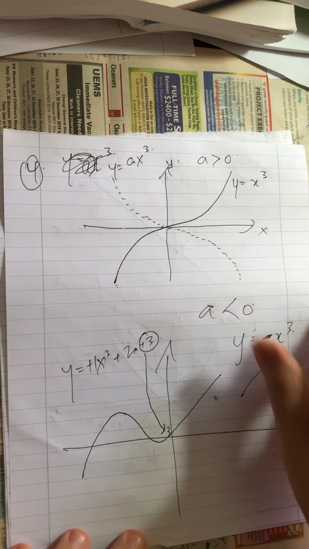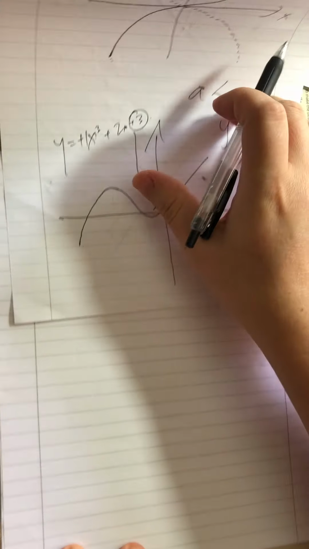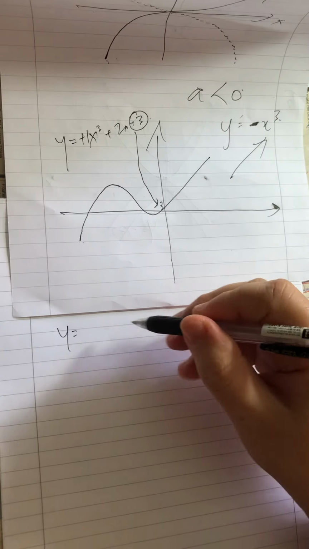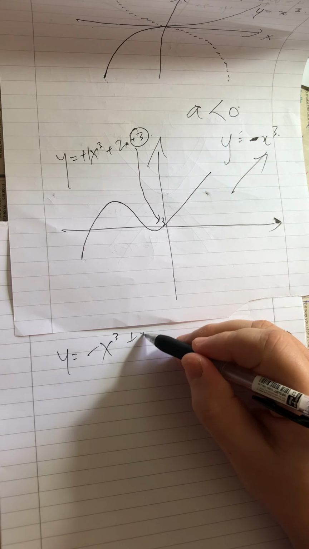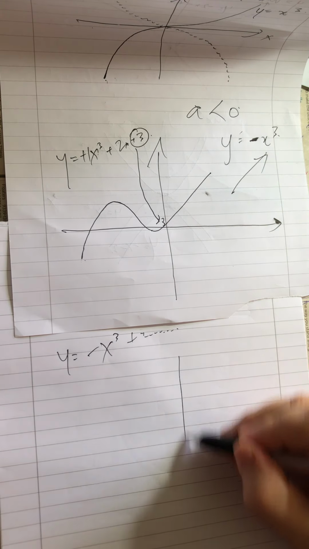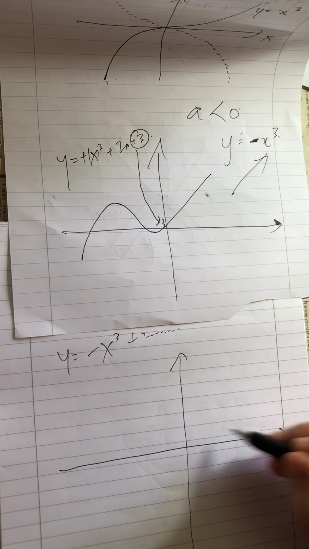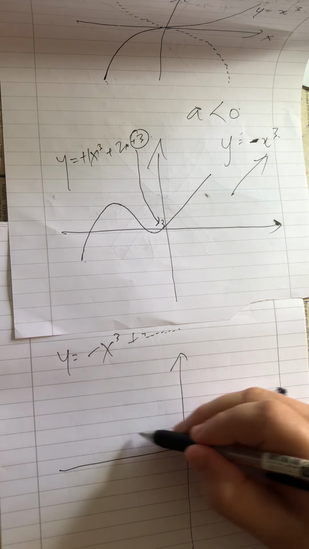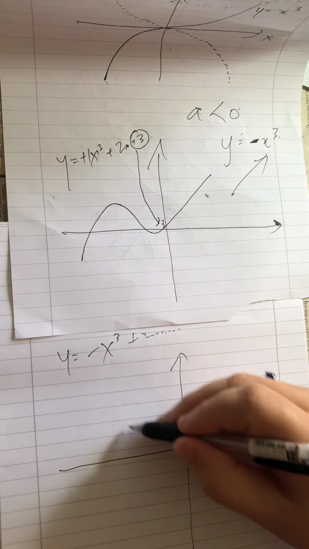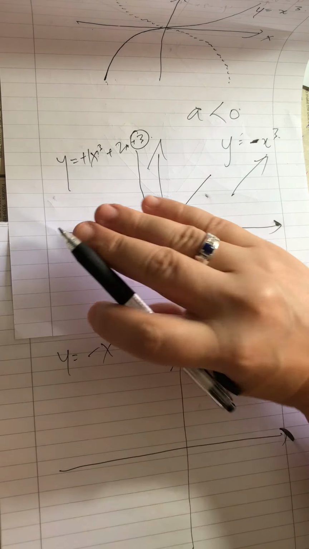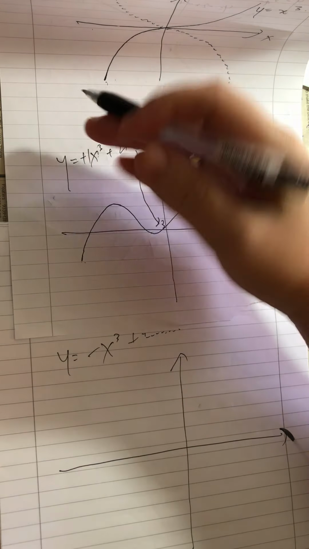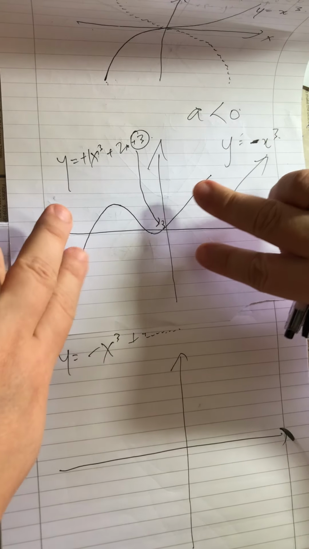Now what if I have y equals minus x cubed and something else, we don't know what? How will it look like? It will not be going up this way, but coming down. Coming down like what? Like this being flipped. Can you imagine this being flipped?